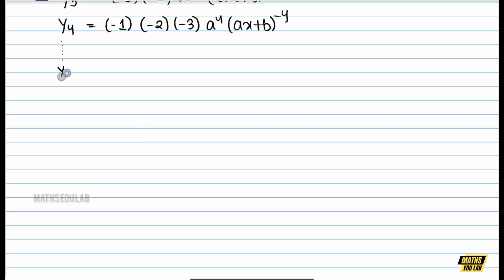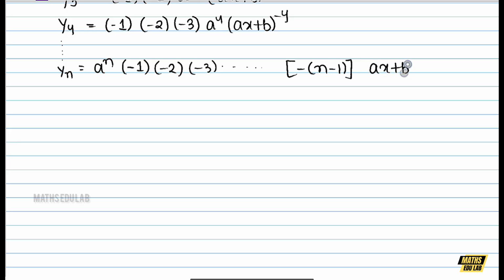Then if I write the nth order derivative of the given function, the answer will be a to the power of n, times minus 1, minus 2, minus 3, up to minus (n minus 1). Okay, so up to n minus 1, and then the rest of the part will be (ax + b) to the power minus n.